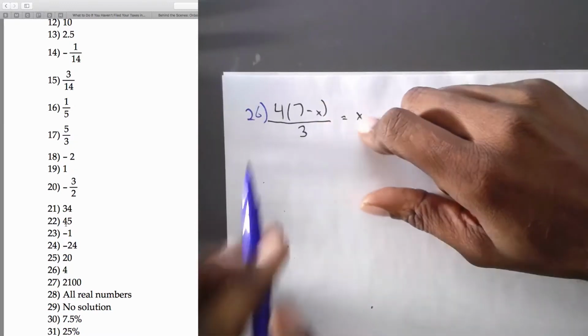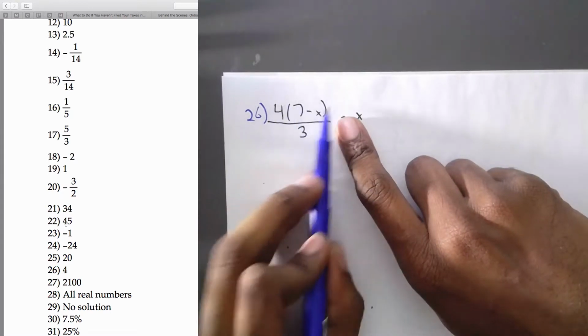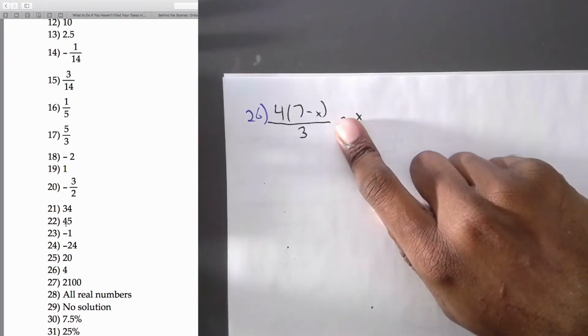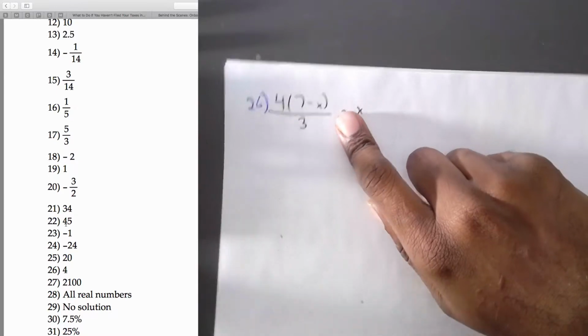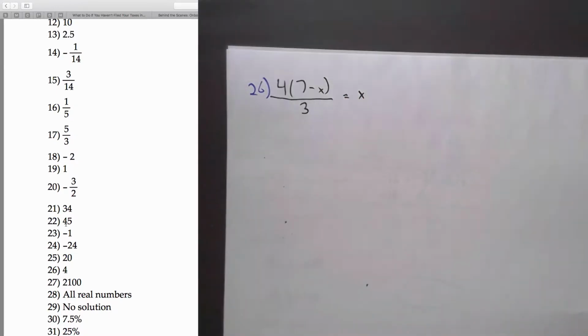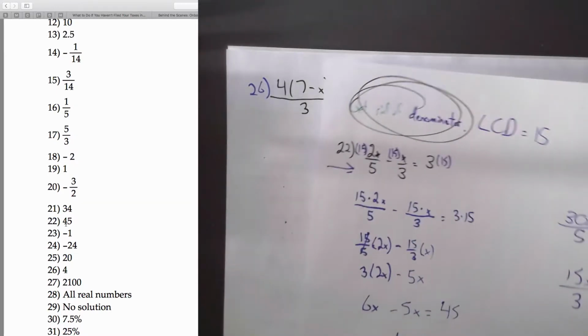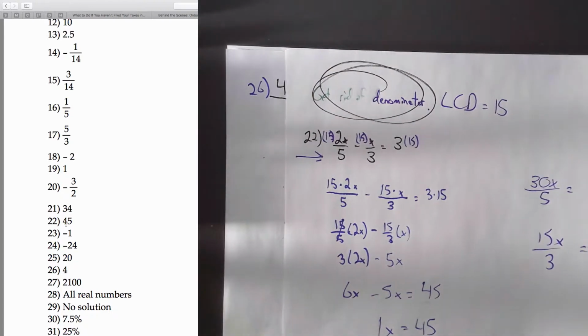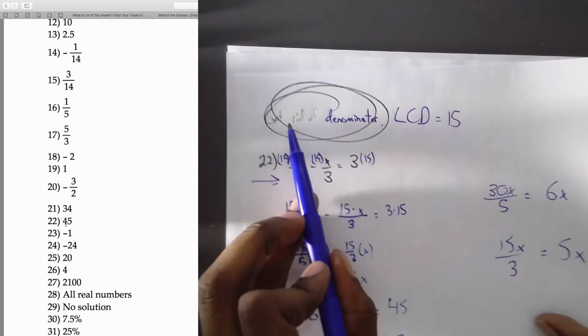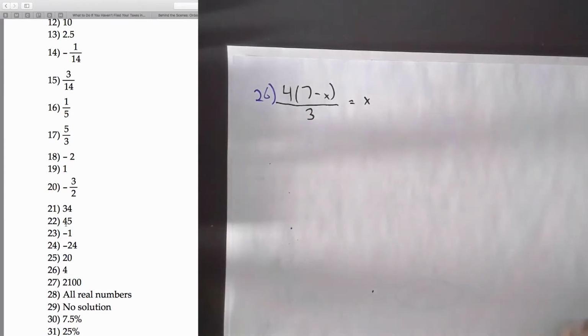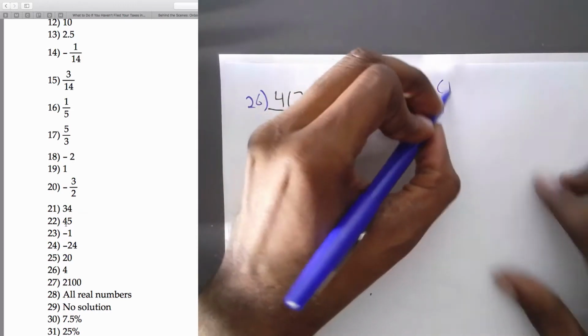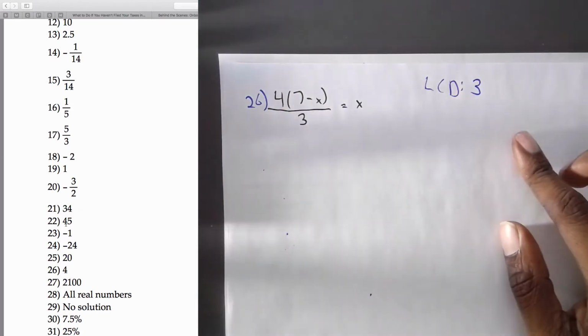What do they do first? They distribute the 4. That's right. They distribute the 4, and they don't need to distribute the 4 because when we have a fraction, our goal is to get rid of the denominator. What is the denominator? 3. Well, if all we have is a 3, then the least common denominator is automatically 3.